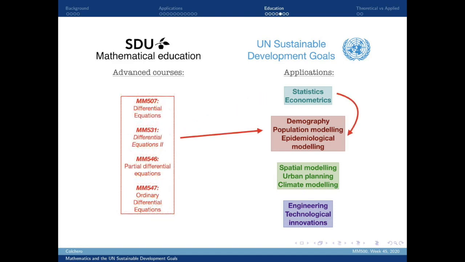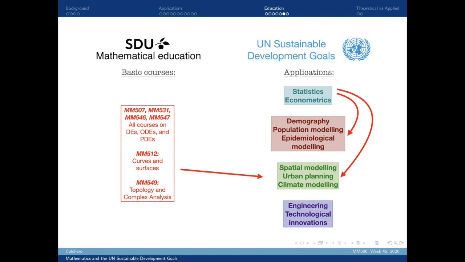For those interested in temporal stochastic processes related to demography and population and epidemiological modeling, courses such as differential equations 2, partial differential equations, and ordinary differential equations, coupled with knowledge in statistics, will give you extraordinary tools to model these processes.